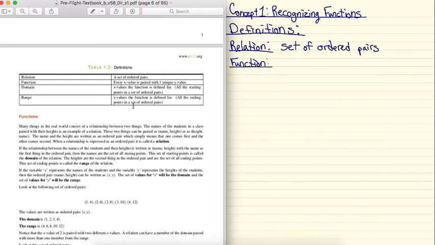It says every x value is paired with one unique y value.